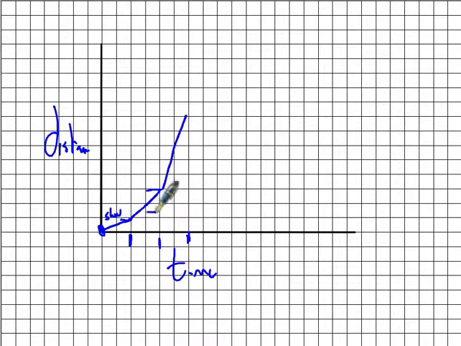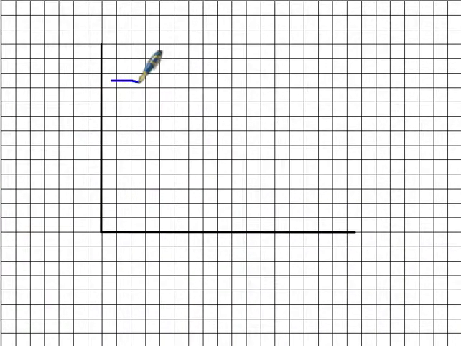Slow, faster, faster still. What we see is this curve. And that, in a position over time graph, would be speeding up. Slowing down would be like this, coming to a stop.